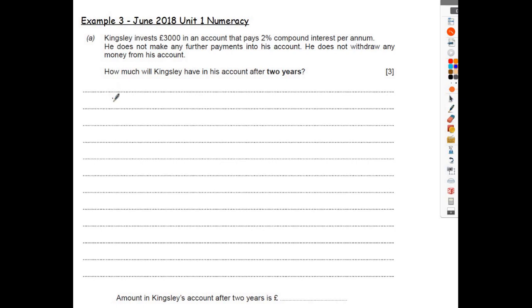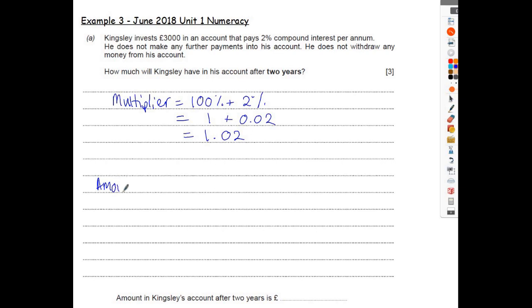So how do we do that? First of all, find your percentage multiplier. That's going to be 100% add 2%, because that's the compound interest, which is 1 add 0.02, so your multiplier is 1.02. So we want to know how much he has in his account.